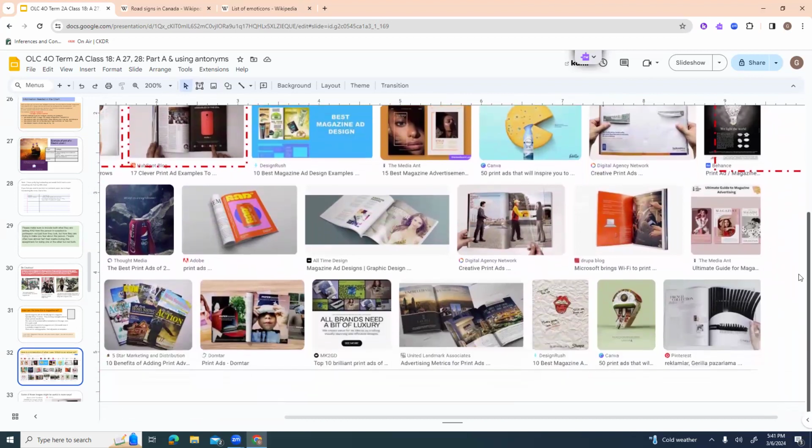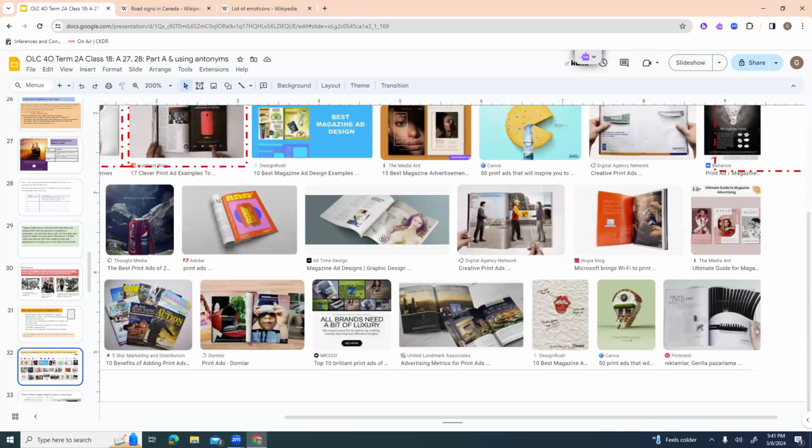Some of these are more like, here, this one they're trying to sell you on the idea of buying print ads. It's not really about the print ads. It's like, hey, print ads are a great way to build your business. Same thing over here. Here are the metrics, in other words, the selling and profit statistics for print ads.